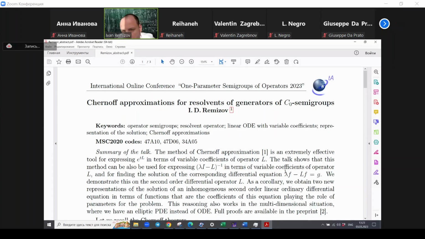If L is a differential operator acting on the set of functions that maps R to R, then this is the second order ordinary differential equation. Is it clear?